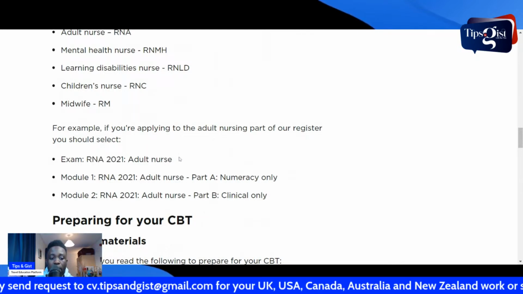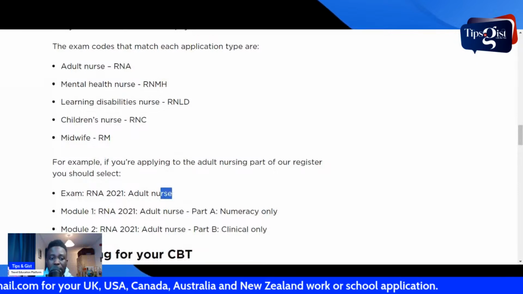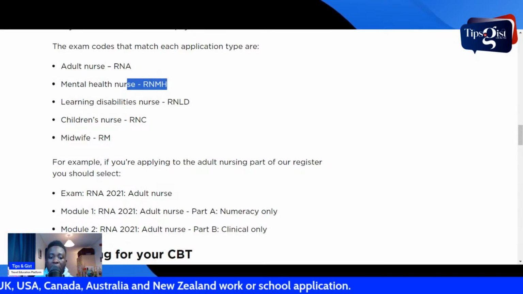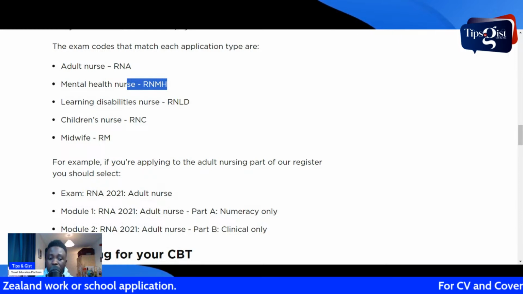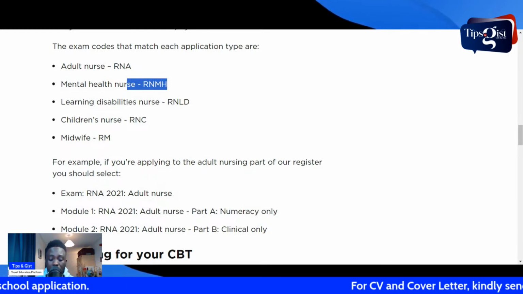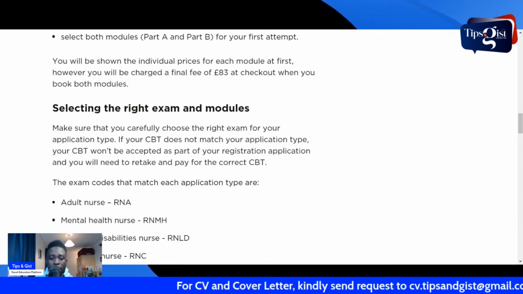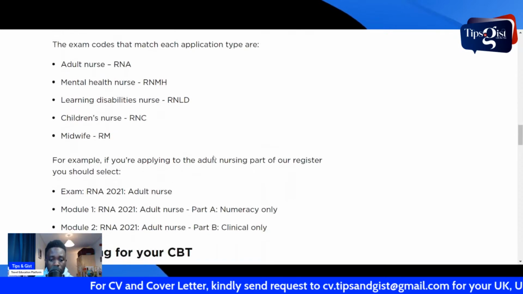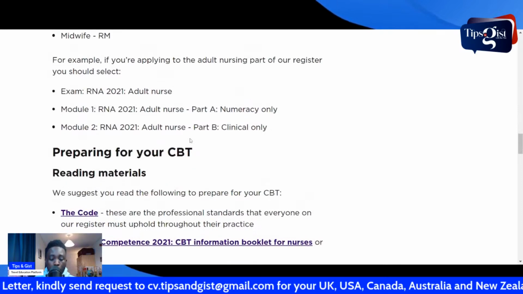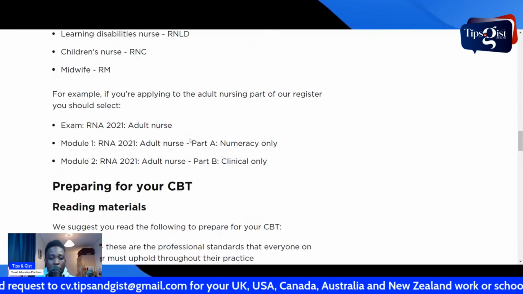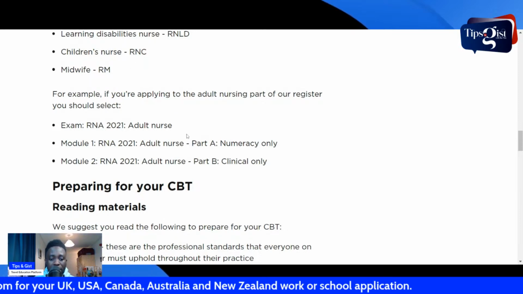If you register with NMC as an adult nurse, then you go and write RNMH, that is the mental health exam, NMC will not accept. So you should write the appropriate module based on what you registered as. If you are a midwife, please go and write the CBT for midwives. If you are a nursing associate too, go and write the CBT for nursing associates.